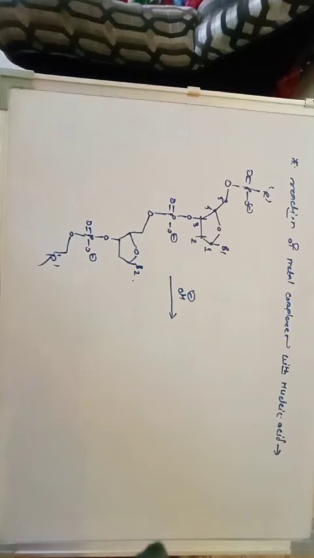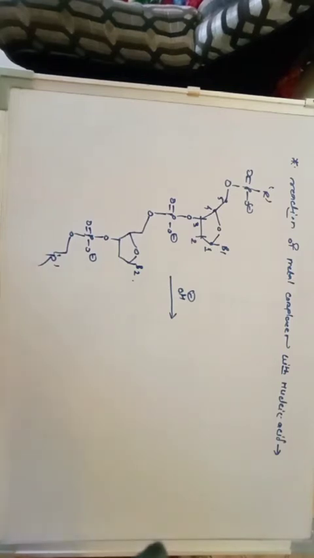After abstraction of the hydrogen from C1, C4 and C5, there is a formation of a radical carbon, which is unstable and tries to become stable by the cleavage of these DNA fragments.